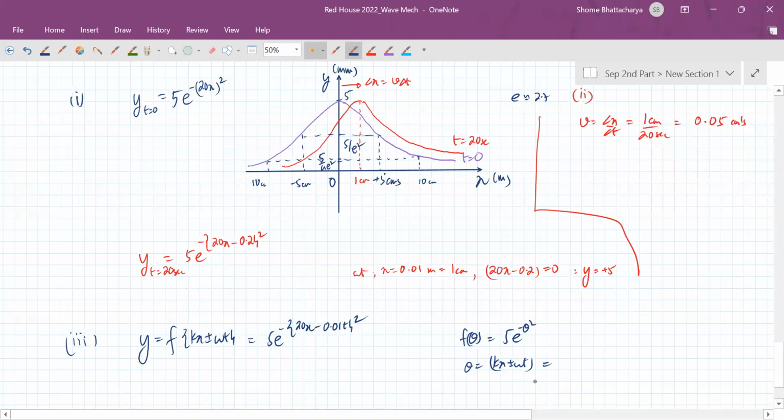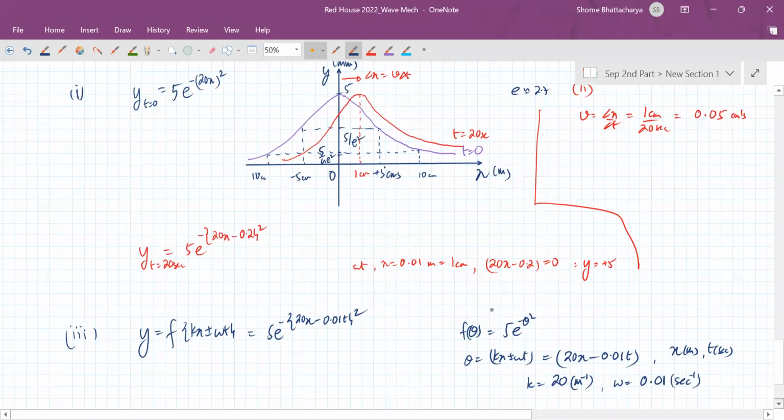In this case, the argument of the function is 20x minus 0.01 t. So k is 20 meter inverse because x is in meters and time is in seconds. And omega is 0.01 second inverse.